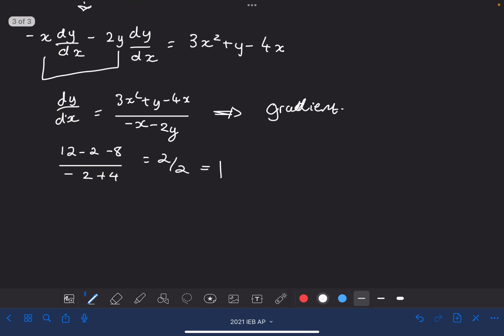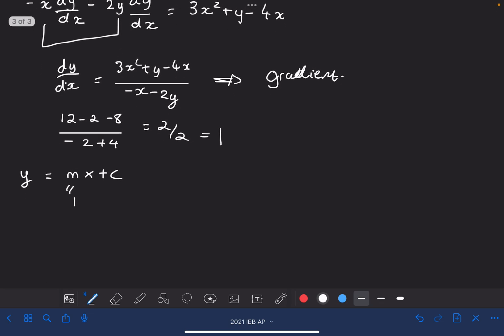So now we know that our line is of the form y = mx + c, but we know that m is equal to 1. Now we know we have a point, (2, -2), and that's going to allow us to get our c value.